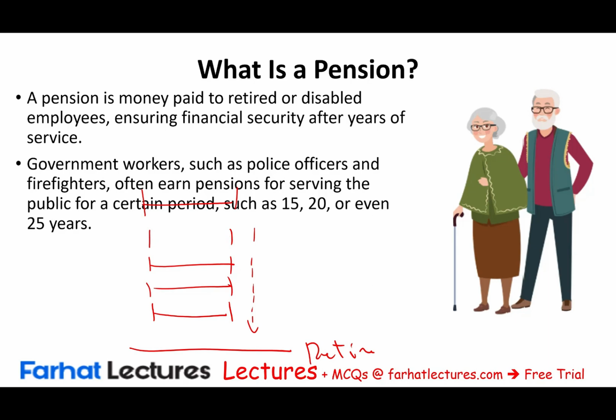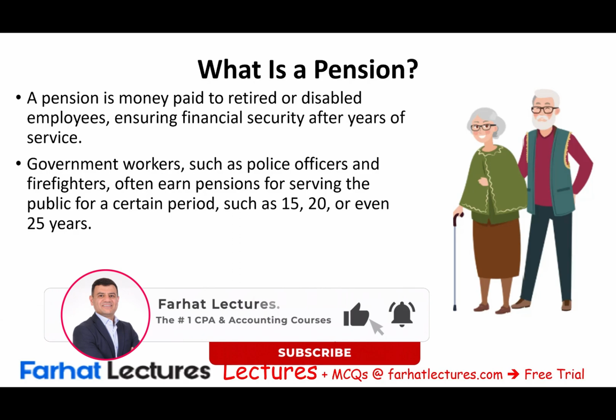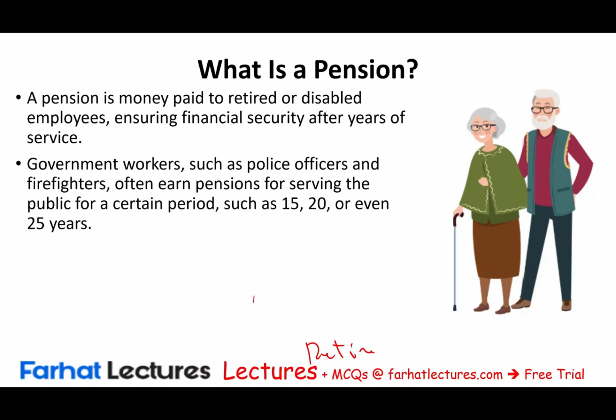So government workers such as police officers and firefighters often earn a pension for serving the public for a certain period of time: 15, 20, 25, some people 30 years. And that's why if you work for the government, you don't get a lot of money, but they guarantee you a pension.